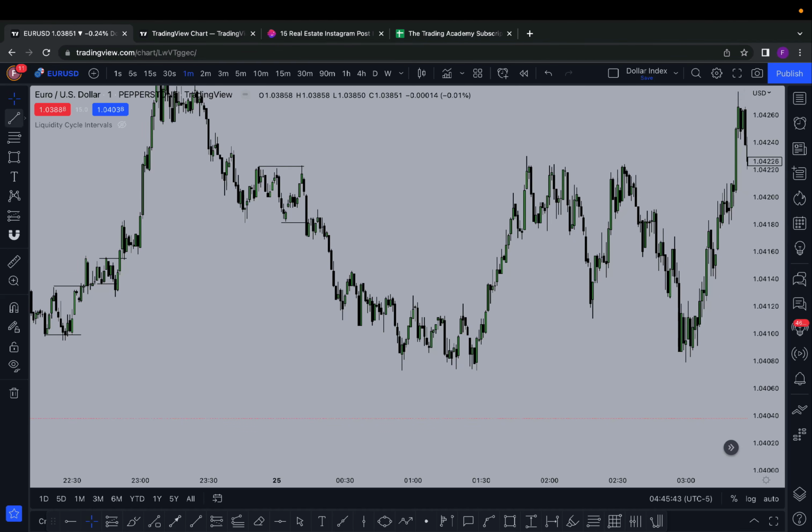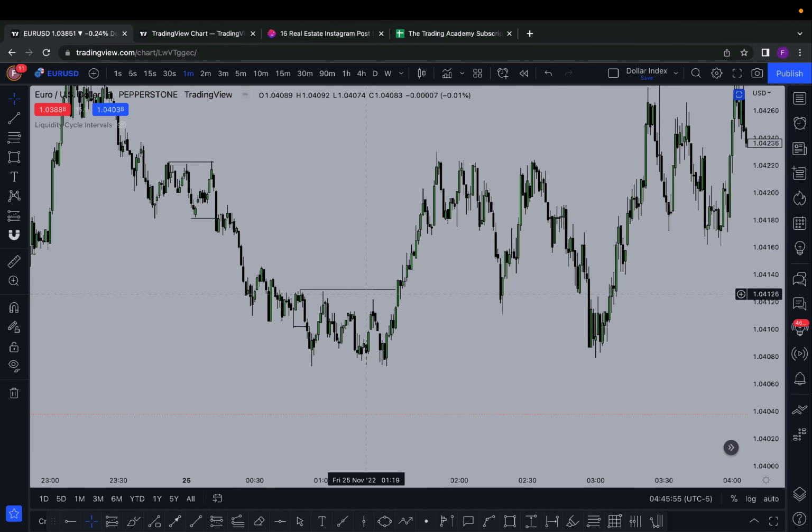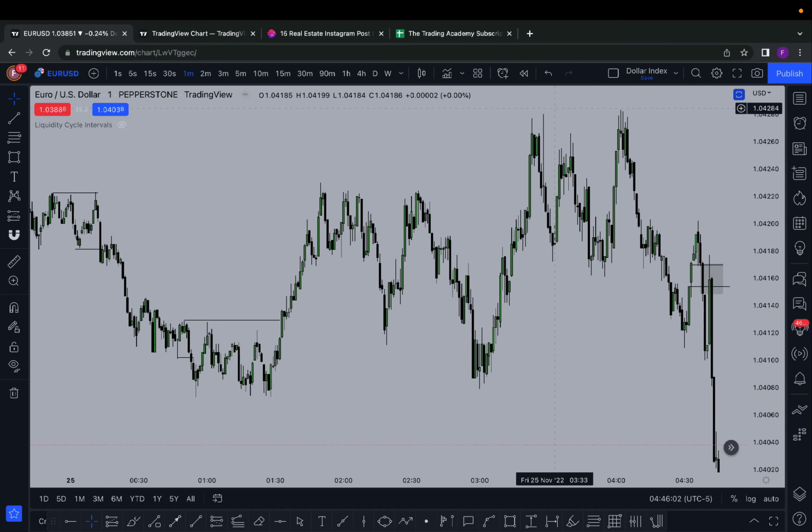Now here, what do we see? Well, this is the ultimate low, which is over here. So this is your stop hunt, and this is your shift. Now what happens? Price goes up, comes back down into this range, your shifted range, and breaks up.